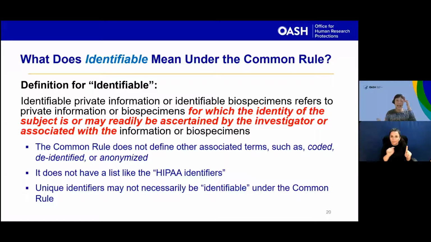If I don't have that information readily accessible to me, then this will be considered not identifiable under the common rule. So it's really very contextual, right? And that's what IRB reviewers are asked to think about when they consider this definition of identifiable for the application of the common rule.